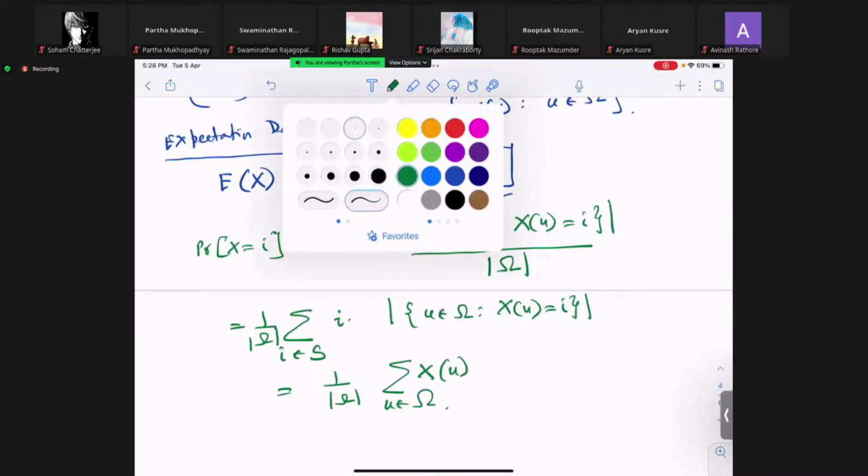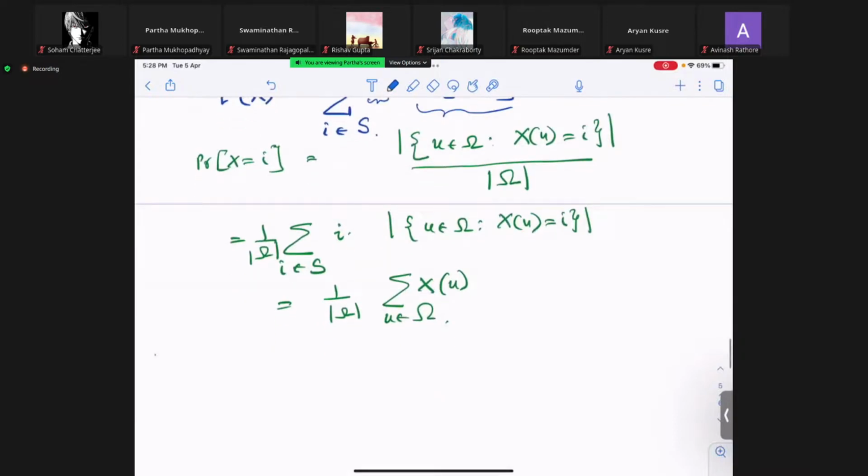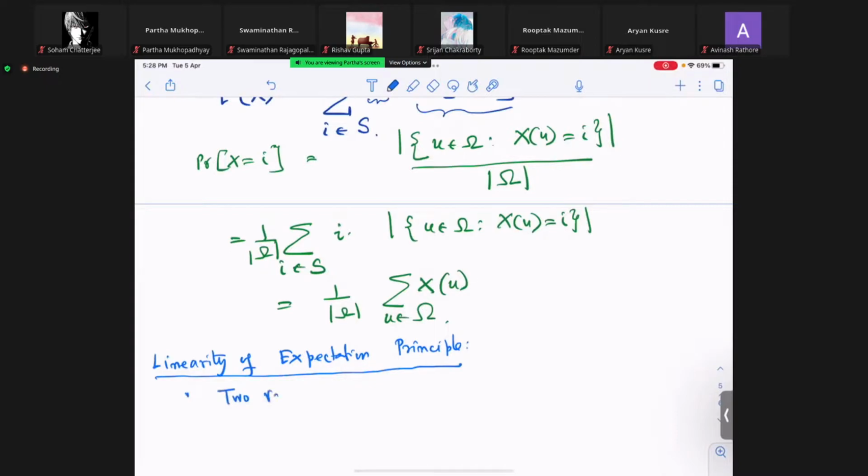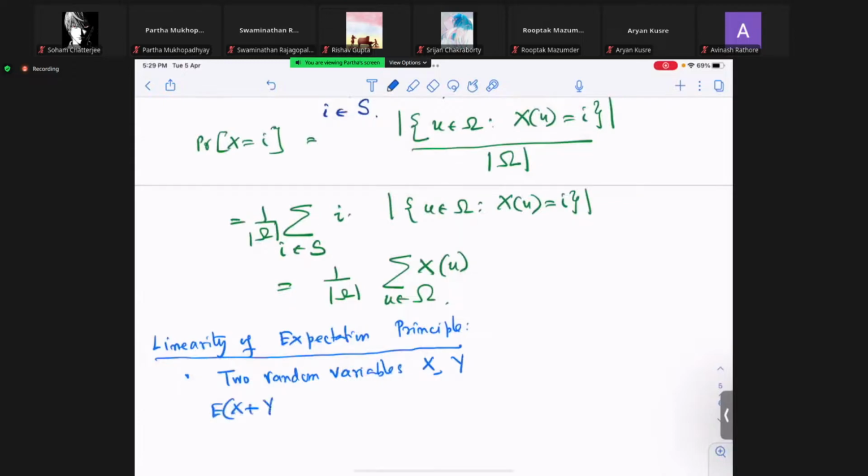Okay, so we all know the expected value of a random variable. What is most useful here is the linearity of expectation. If you have just two random variables, X and Y, linearity of expectation means the expected value of X plus Y is just the sum of the expected values.